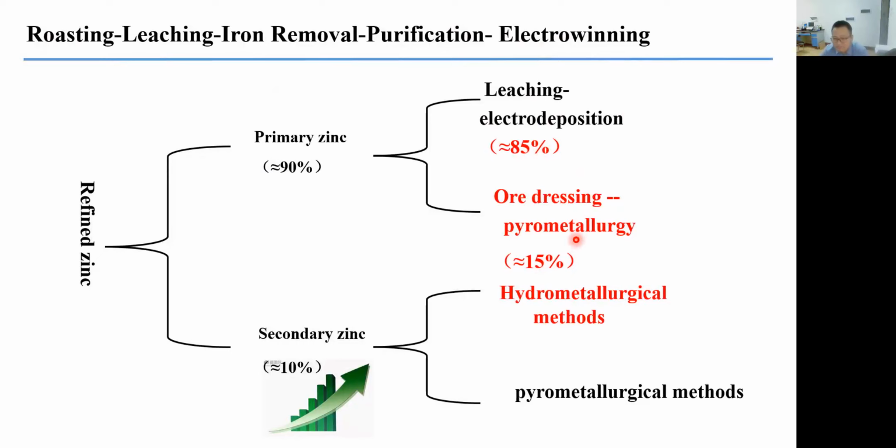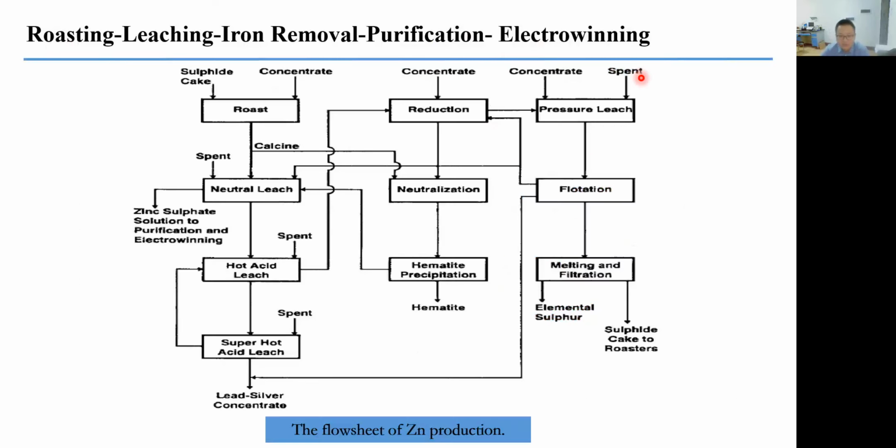And also there is some small part, like 15% of primary zinc, produced from pyrometallurgical processes, like ISP, impulse melting process, or electrical furnace technologies, and they can also produce zinc, but the amount is smaller than that from hydrometallurgical process. So we're usually talking about the production of zinc using hydrometallurgical process.